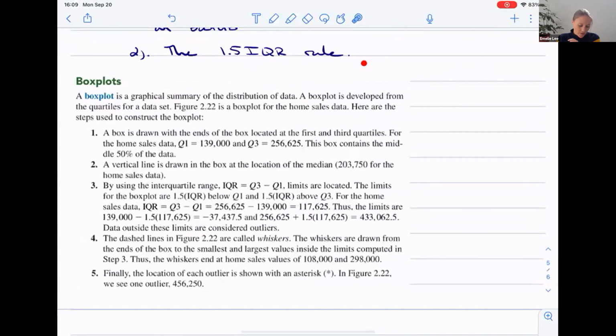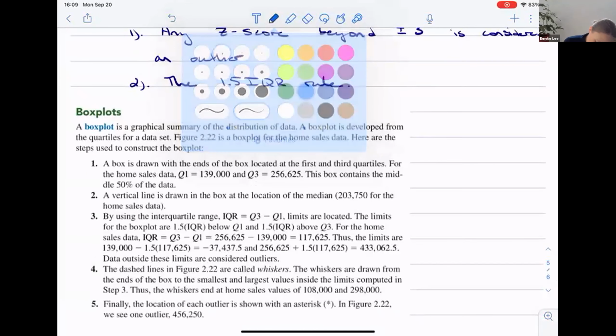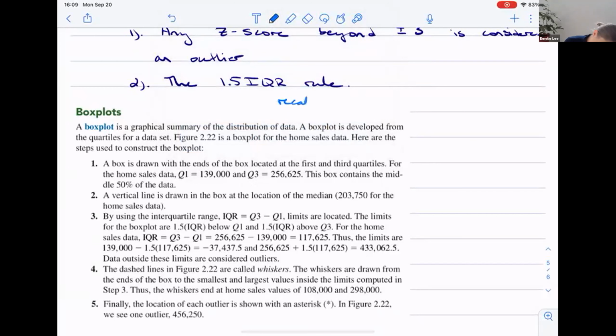The 1.5 IQR rule: the IQR we said was the interquartile range. So I'll make a little note here. Recall that the interquartile range is Q3 minus Q1.